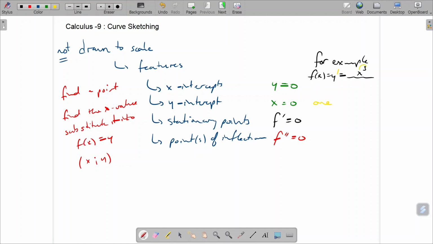Because it is x to the power of 3, we can get a maximum of 3 x-cuts. And then because the derivative drops the power by 1, we can get a maximum of 2 stationary points, two turning points, and we can get a maximum of 1 point of inflection.